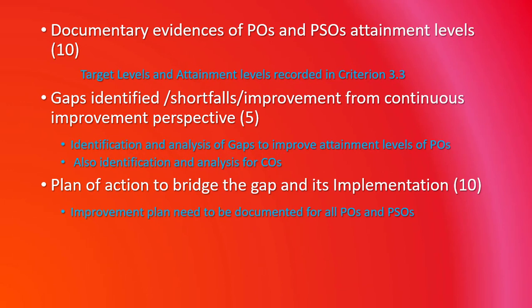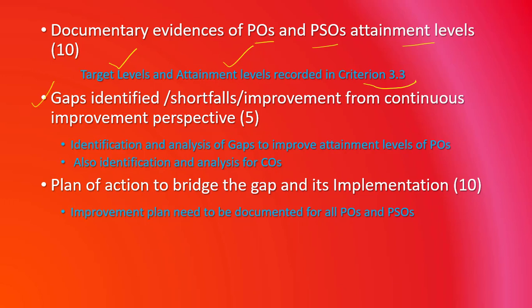Now for all this, documentary evidence for POs and PSOs and attainment levels should be submitted. The target levels and attainment levels are recorded in criterion 3.3, these are already recorded, only in this case with evidence that those things have to be produced.